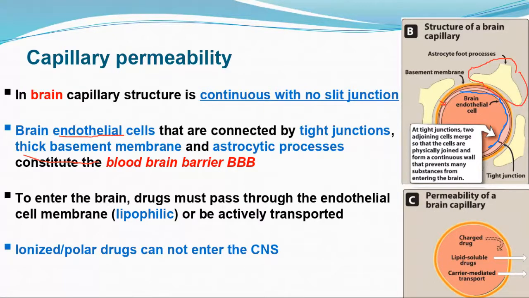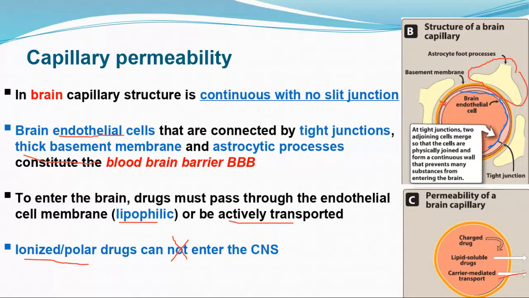تمام. فهنلاقي ان lipid soluble drugs can pass through the membrane. Otherwise, other drugs اللي هم ionized or polar, they cannot enter the CNS. بعض molecules can pass through the active transport and carrier mediated transport, limited number محددة ليهم.